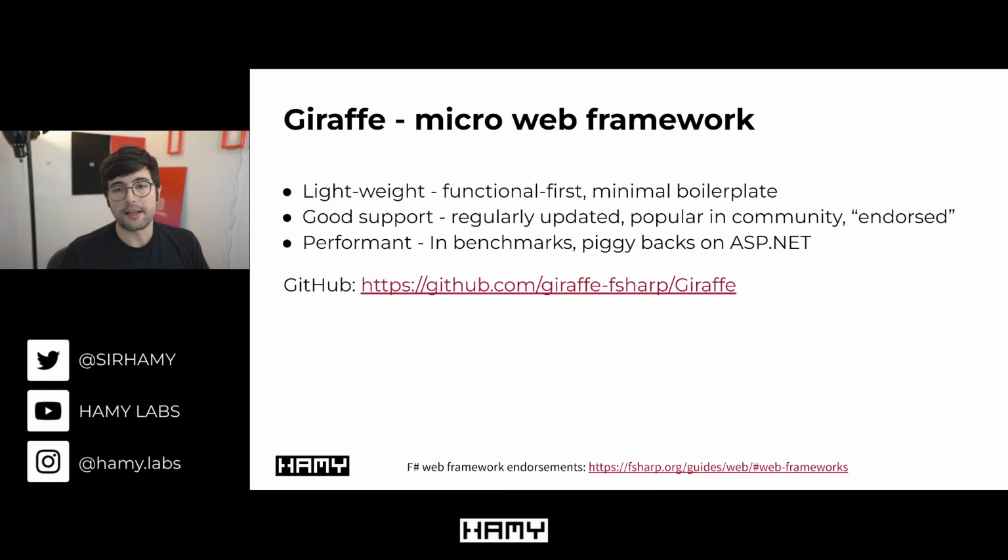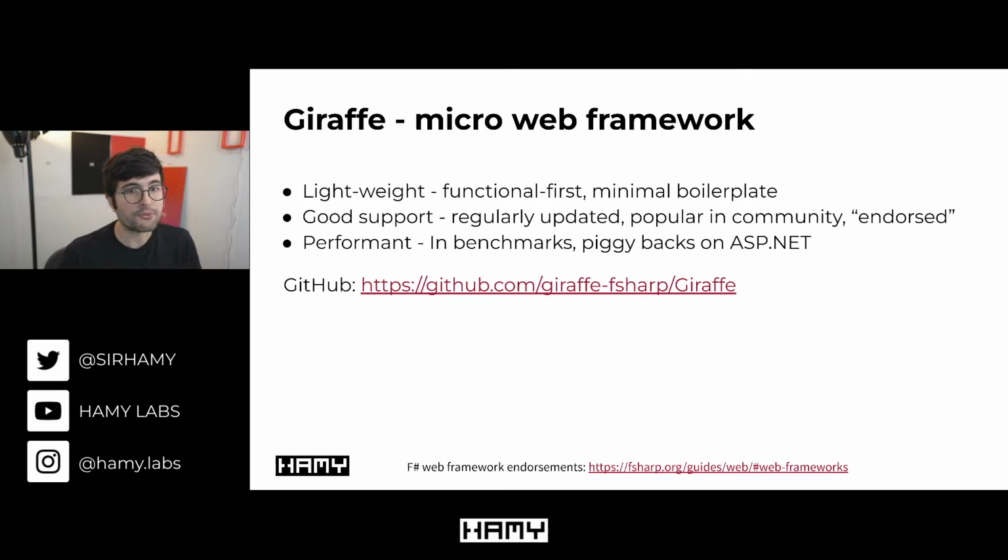So we're going to be building on top of the Giraffe micro web framework, which itself is built on ASP.NET, which is basically the .NET ecosystem's official primary Microsoft-supported web framework. Now, there are other web frameworks in F#, a lot of which are pretty good, but for most people, I recommend Giraffe for a few reasons.